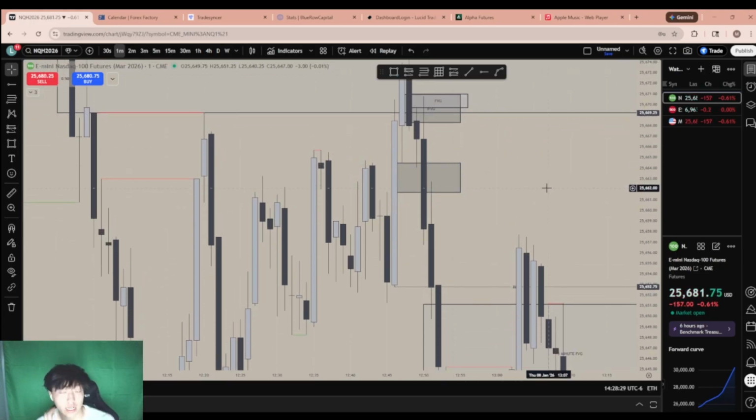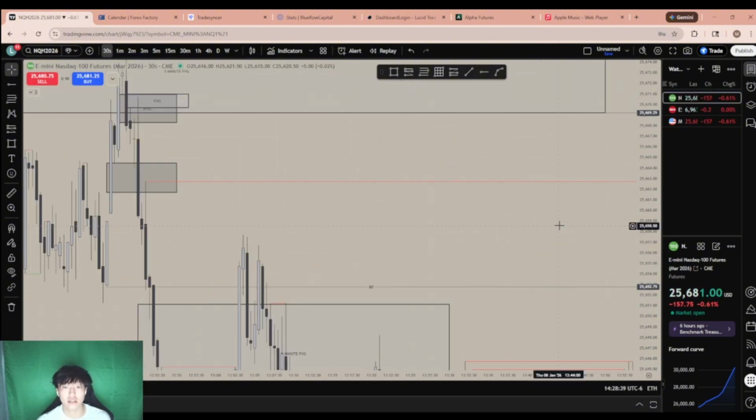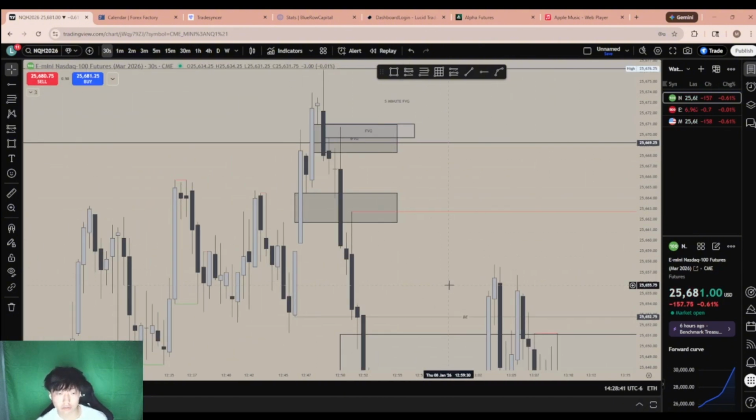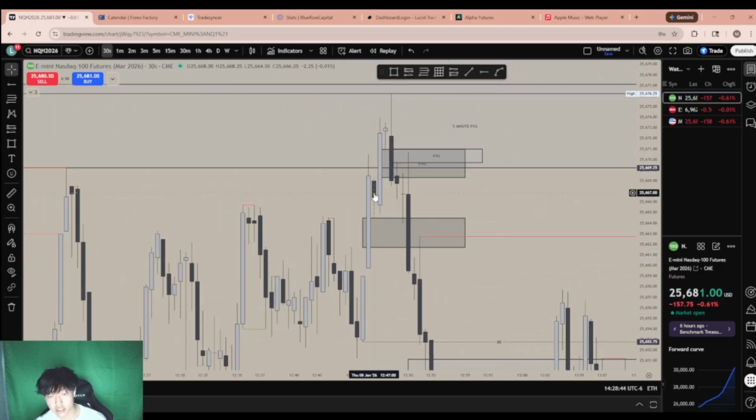We do not really care about that 1 minute fair value gap, even though it's a higher time frame than the 30-second, because this downward move right here separates this leg from this leg. So this 30-second fair value gap right here is the highest time frame inversion fair value gap of this leg right here.